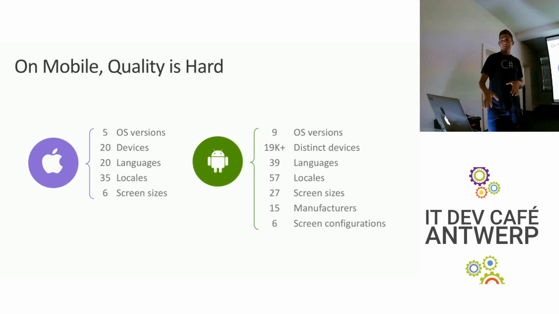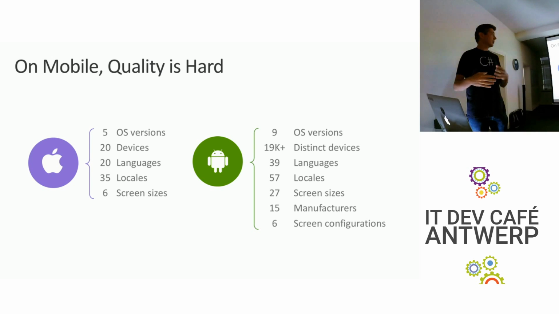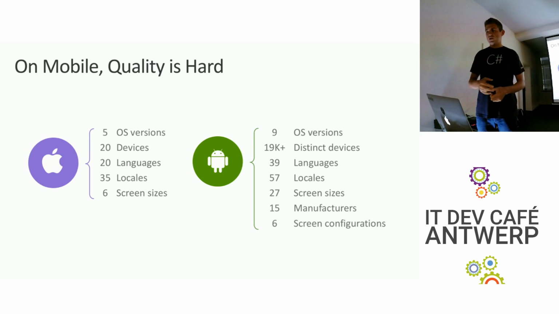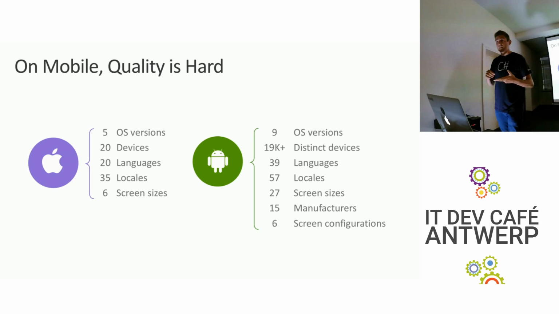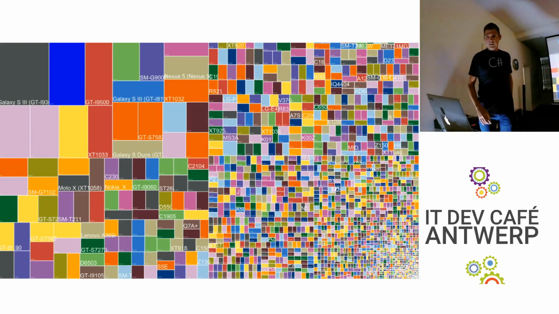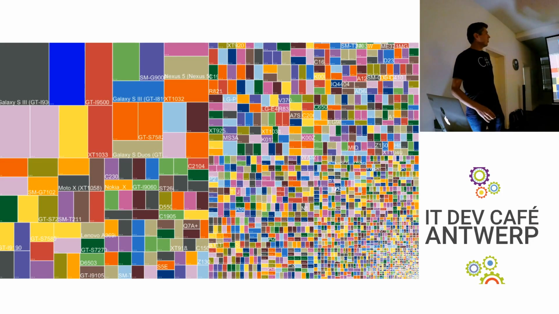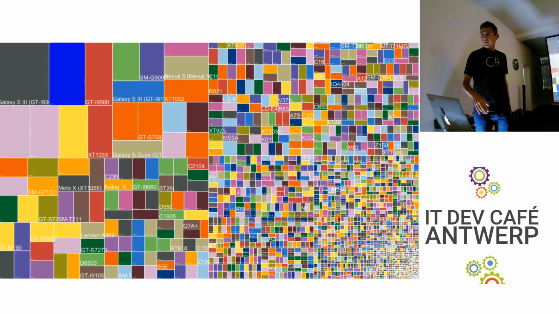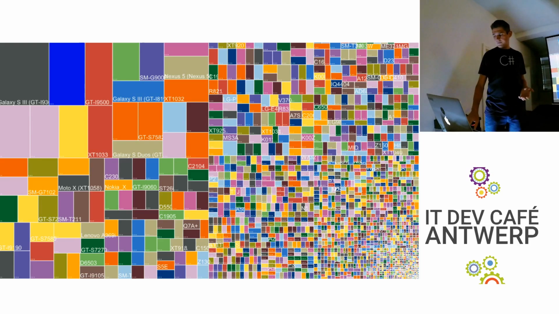On mobile, this is extremely hard, for the reason I mentioned: there's a lot of versions, OSs, devices, different sizes of screens. For instance, this is an image of all the different form factors for Android. I don't know when this was taken, but I think it has only become more complex over time. So it's impossible to do this by hand.